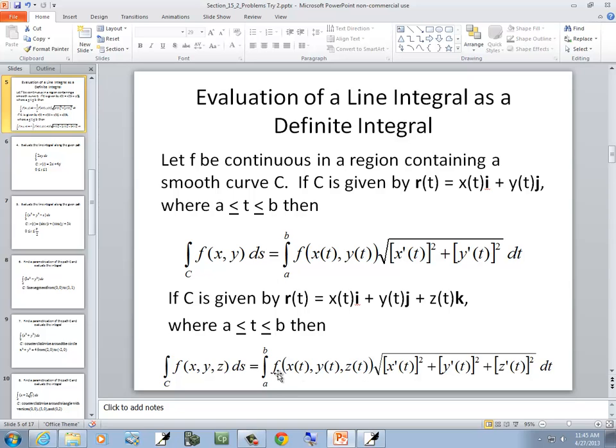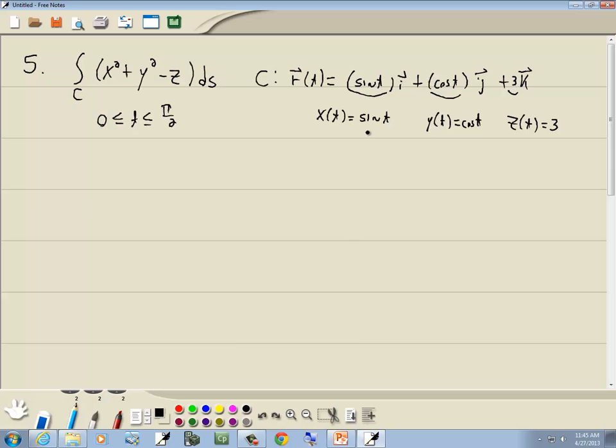Now it says we need to find f of that. Keep in mind, f of x, y, z is going to equal x squared plus y squared minus z. Your function is always going to be equal to what's inside the parentheses here. Now we want to find f of x of t, y of t, and z of t.